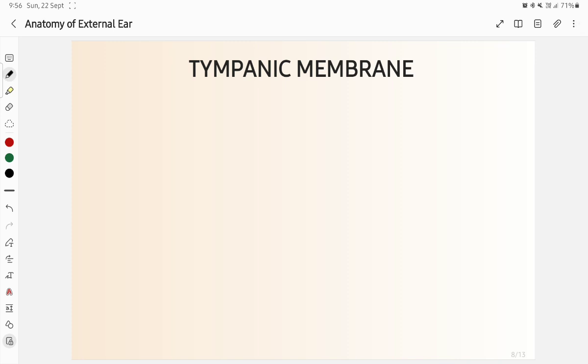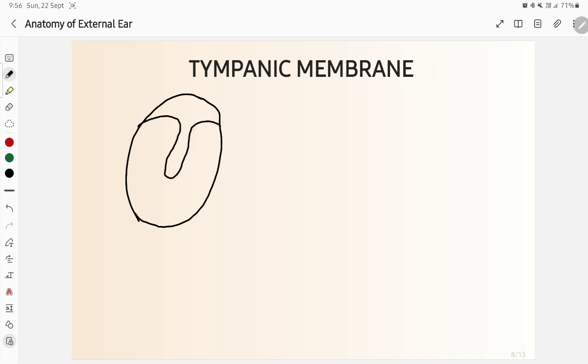Now let's learn the diagram of our tympanic membrane. Can you see these folds on our tympanic membrane? These folds are called the malleolar folds.